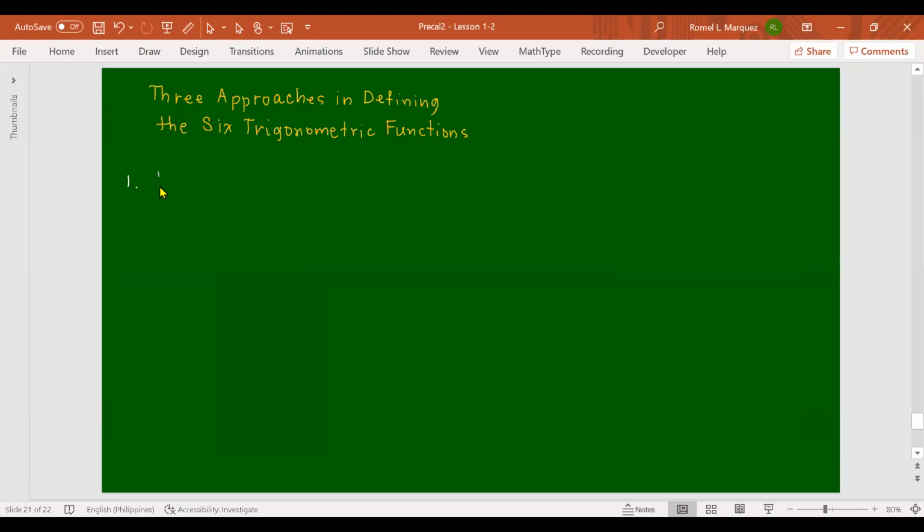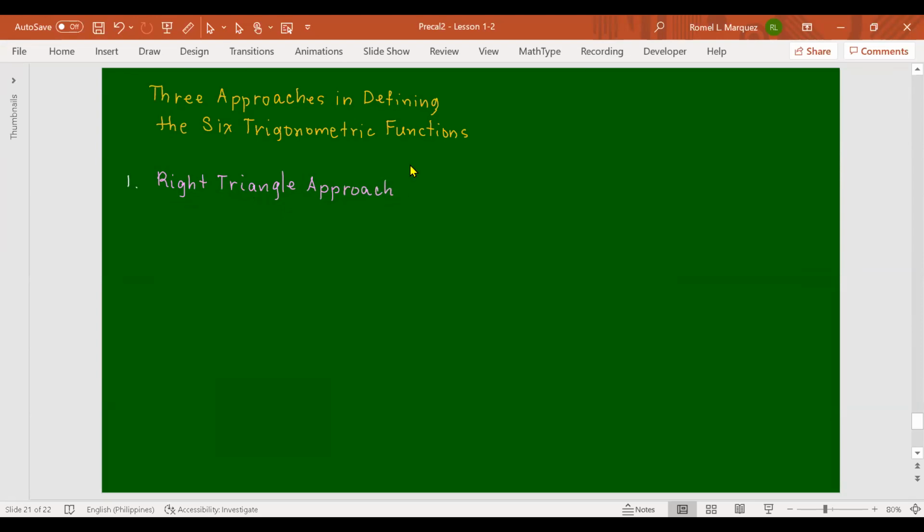Right triangle approach. Sometimes in books, you will see right triangle trigonometry. So meaning, the discussion of that trigonometry, right triangle approach. So this is the first approach.